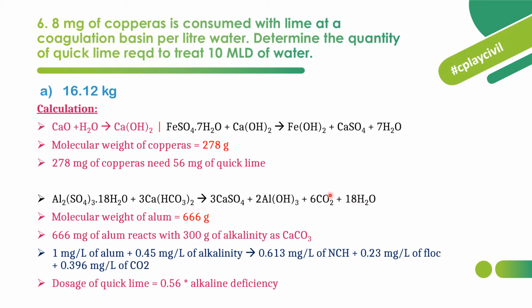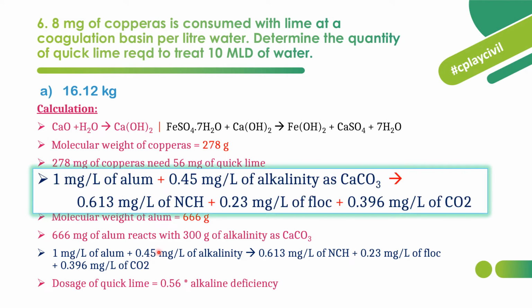If we remember these values, we can easily answer questions asking what amount of floc will be formed when alum is reacted with this much alkalinity. So this is the basic and important thing we have to remember.